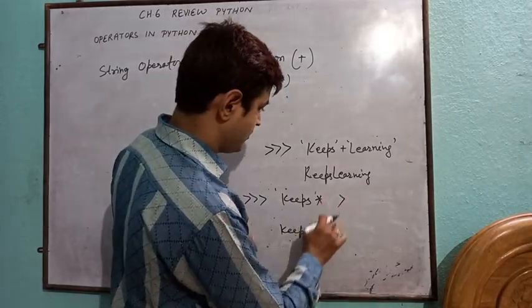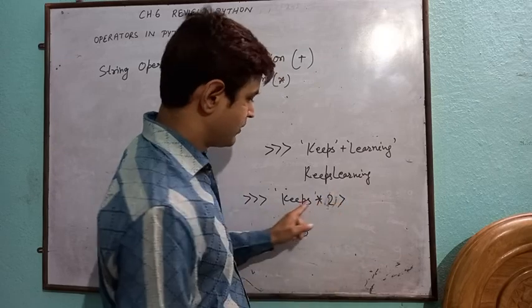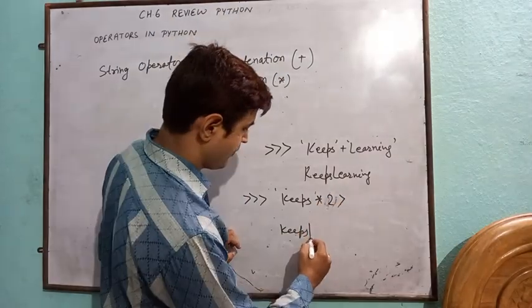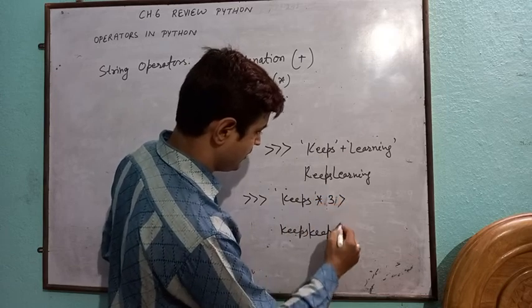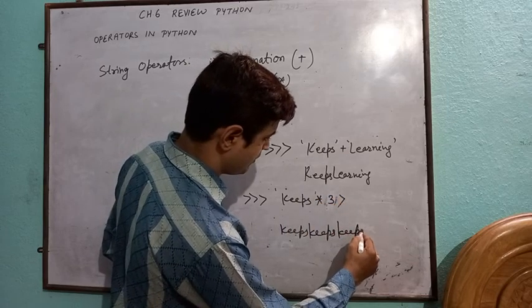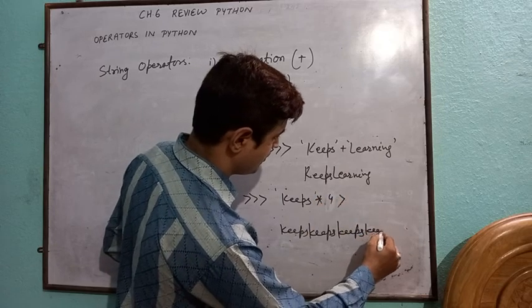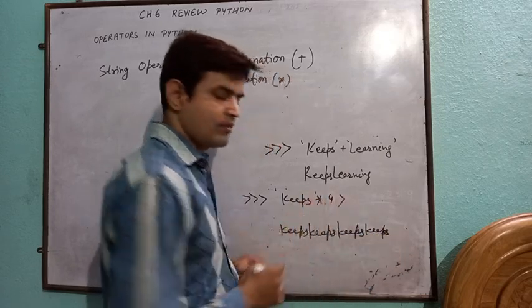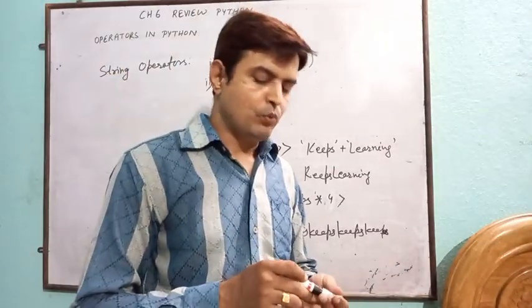If we give 2 here, it will print keeps 2 times without leaving any space. If we give 3, it will print keeps 3 times. If we give 4, it will print keeps 4 times. So this is how a string operator works.